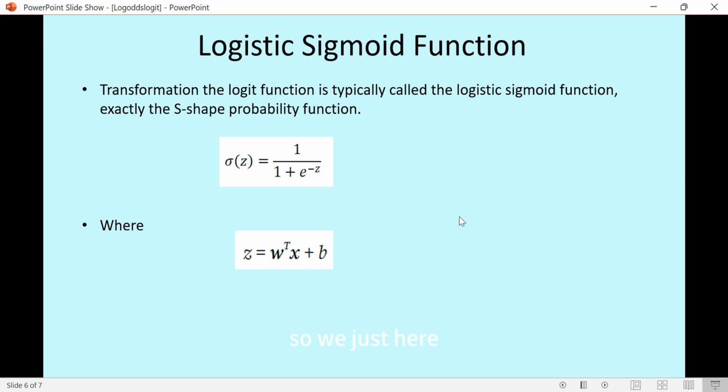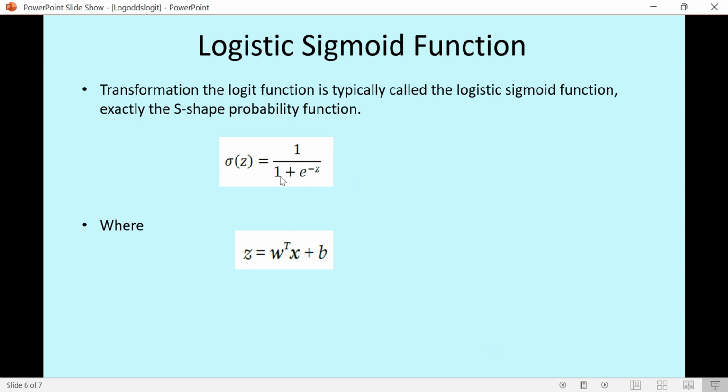This may seem a little complicated, but it is very easy to understand. Z is a linear expression of the explanatory variables, or characteristics of the patients, and the parameters we want to estimate: the projection plus a scalar. Z is also the log odds ratio, and the odds ratio is the positive probability divided by the negative probability.